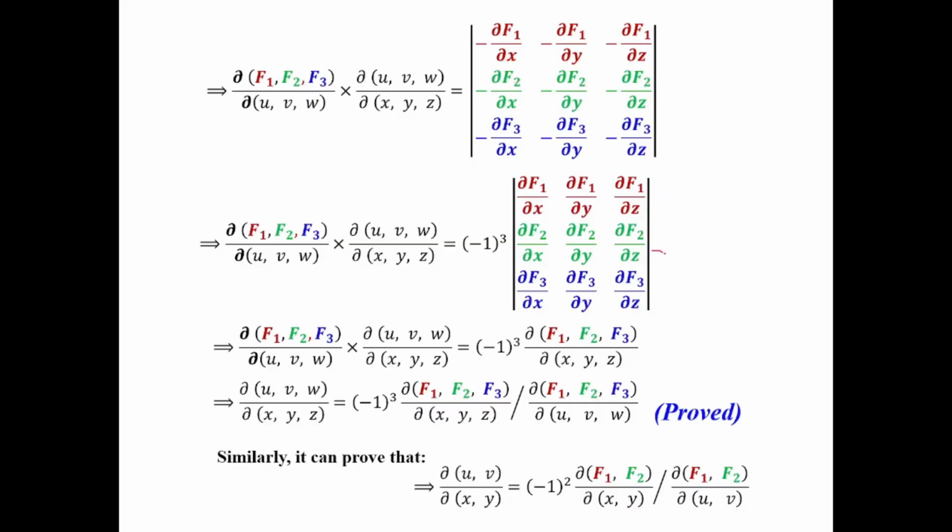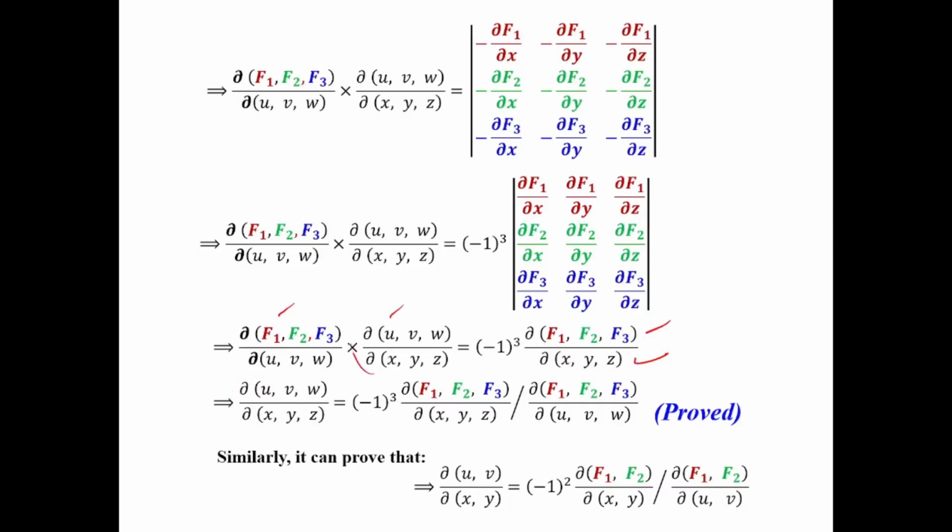This determinant is nothing but Jacobian of f1 f2 f3 with respect to xyz. So we can write in this format that del f1 f2 f3 by del xyz, no problem. So that implies this into this we found minus 1 to the power 3 into this much.